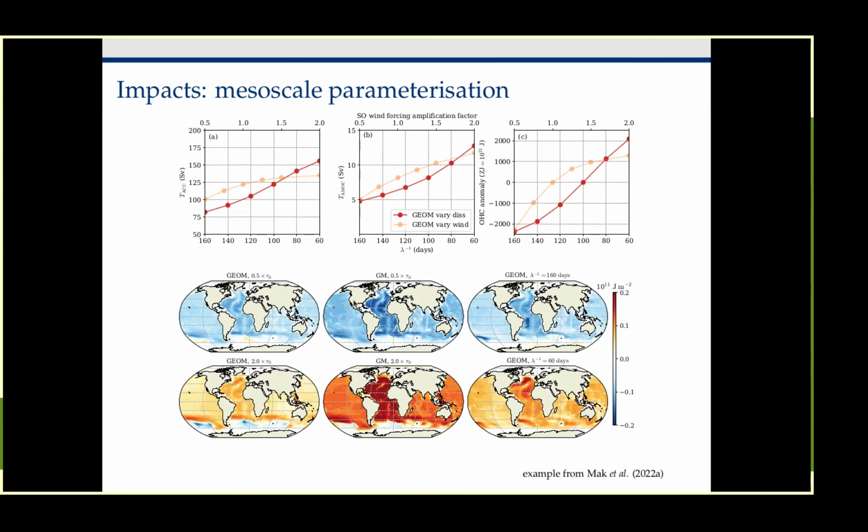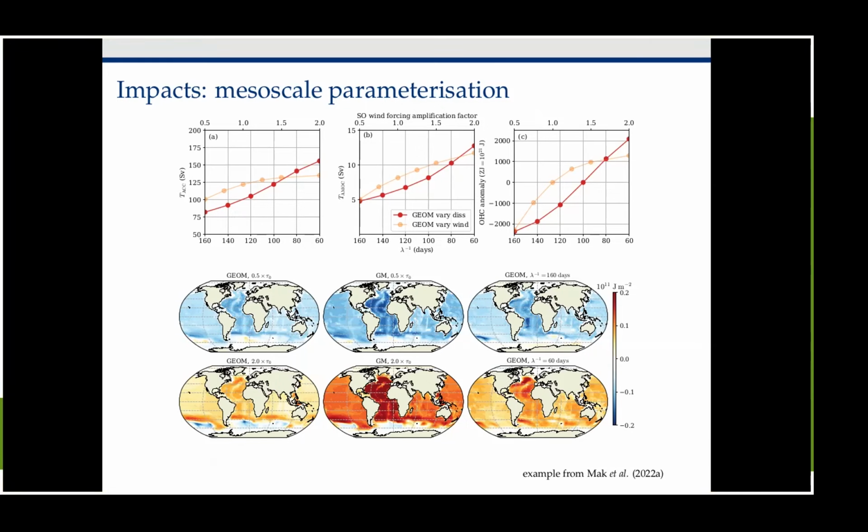The second thing we made a point of in this paper is that we compared parametric uncertainty. Here we find there is a thing relating to the dissipation of subgrid energy, and roughly a 50% change is equivalent, in certain climate metrics, to roughly halving or doubling the wind in the Southern Ocean.